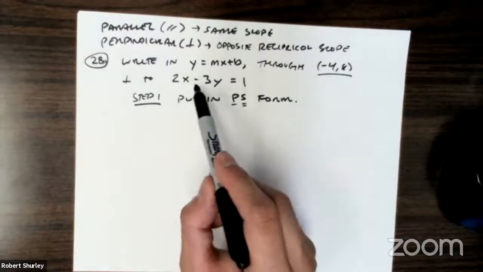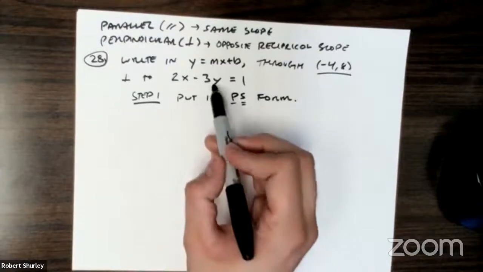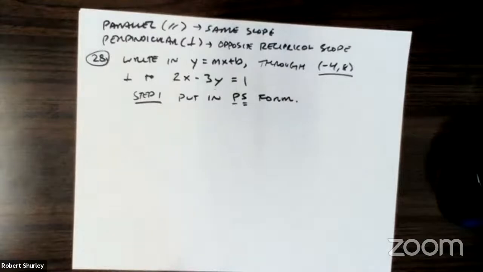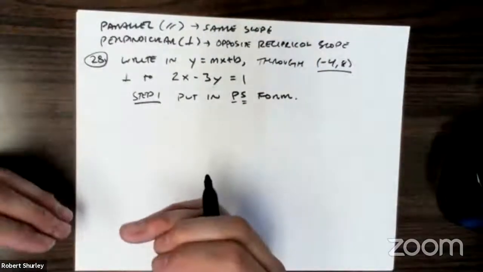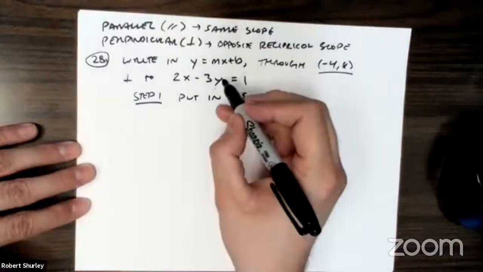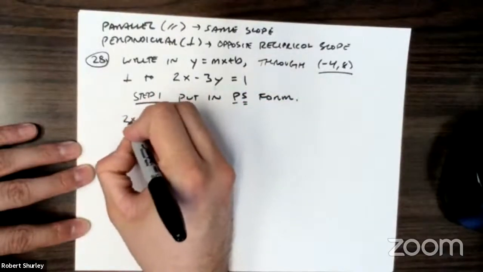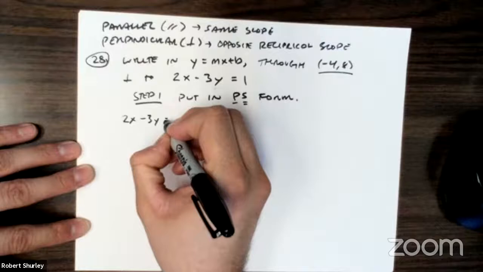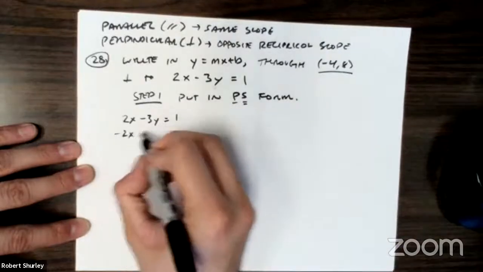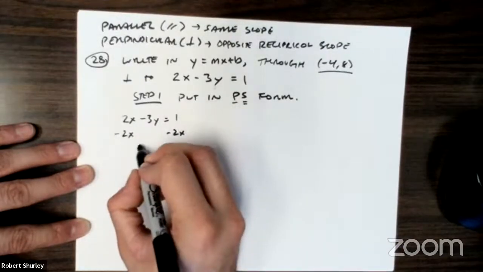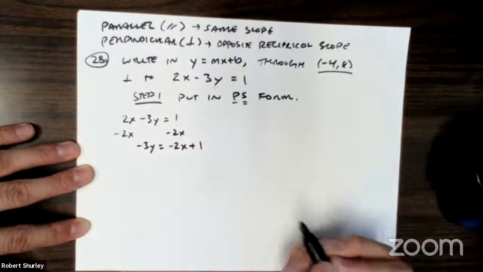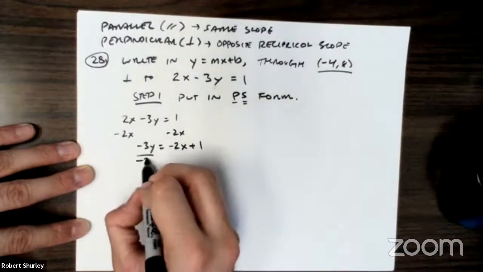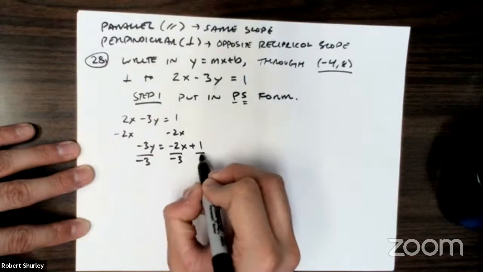And remember, to find the slope of this line, I just solve for y. So let's do that. It's going to give me the slope I need. I've got 2x minus 3y equals 1. So I'm going to subtract 2x. Negative 3y equals negative 2x plus 1. And then I'm going to divide everything by -3.